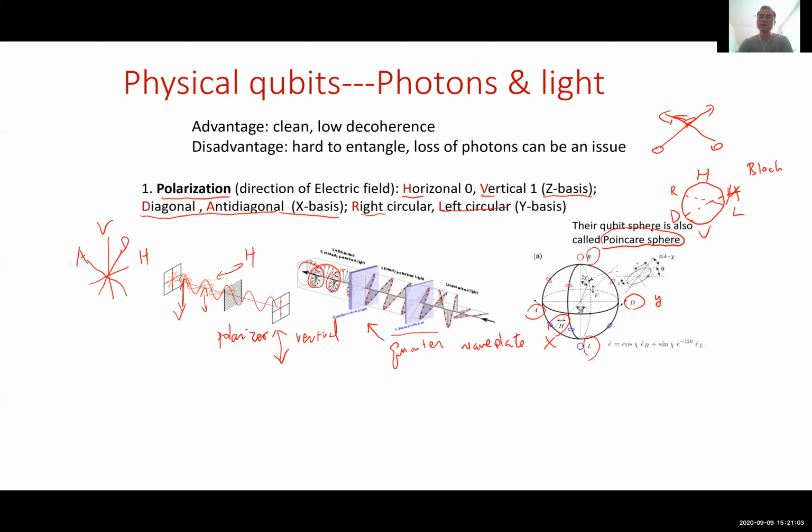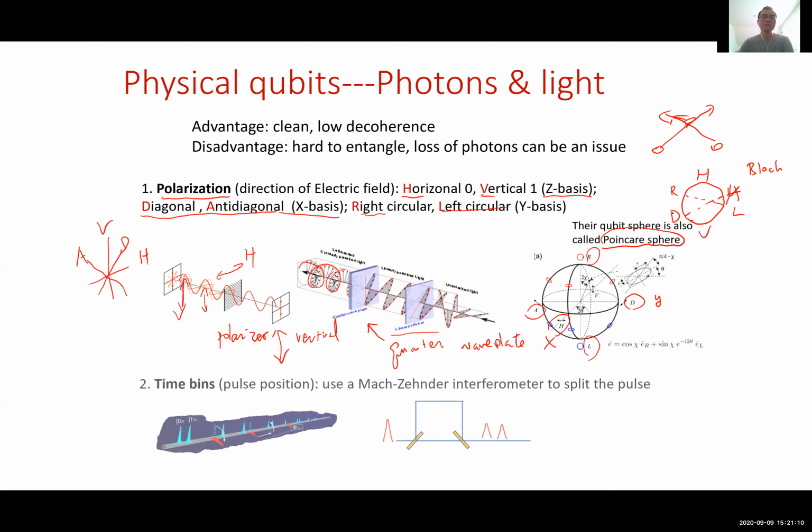It's just a name, but the sphere is similar, just by rotation. So this is often used. This is used in the so-called down conversion that I mentioned. Right, so down conversion photons, this could be HV or VH. You could create an entangled pair in this form.